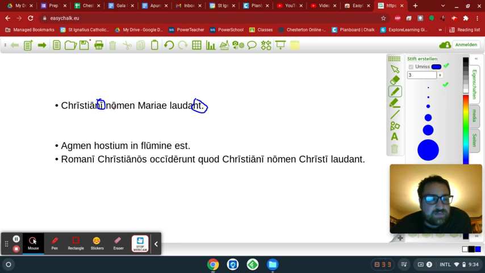And now nomen is one of our new third declension neuter words, nomen, nominis. And again, nomen looks like it's nominative, but because it's neuter, this is going to be the accusative form as well, in the accusative singular form. And then the two plural, both the nominative plural and the accusative plural are both going to be nomina.